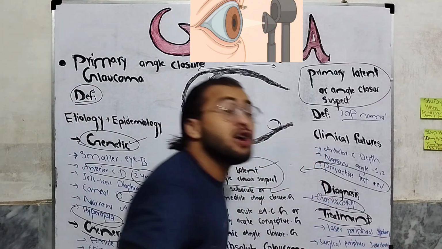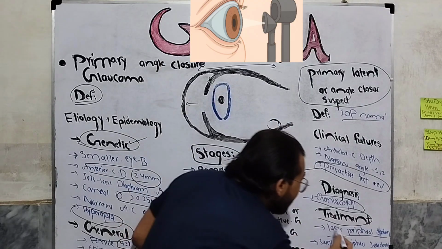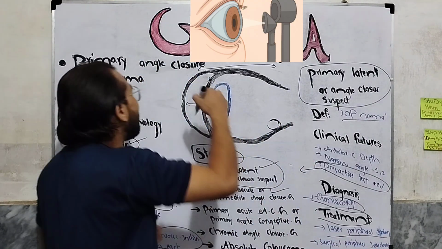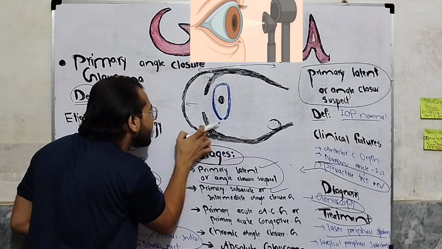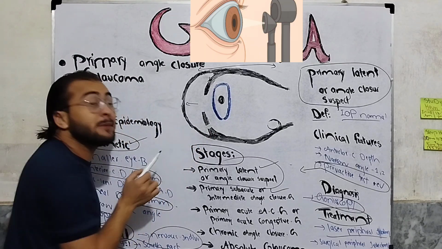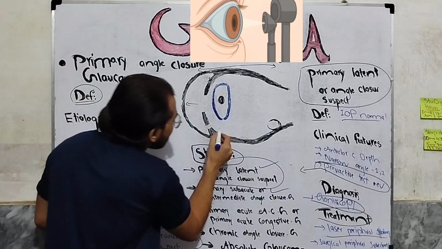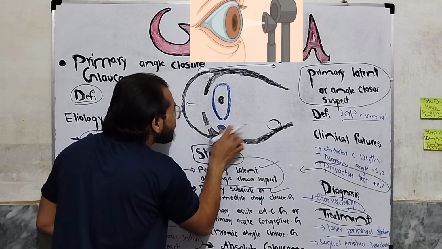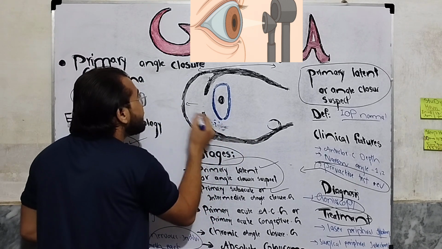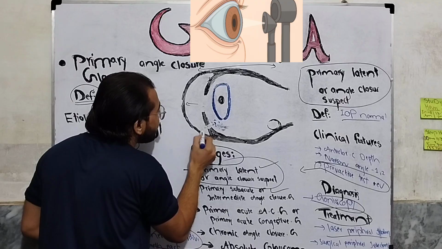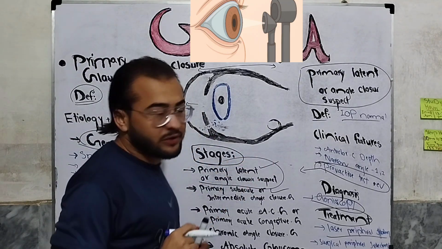This prophylactic treatment includes laser peripheral iridotomy and surgical peripheral iridectomy. Laser peripheral iridotomy means with the help of laser, we will make a small pore in the peripheral iris. So the aqueous in the posterior chamber will bypass the pupil, come directly into the anterior chamber and drain. So it will maintain a normal intraocular pressure.